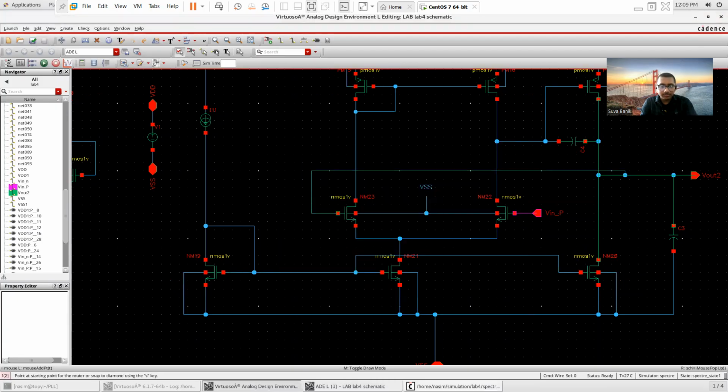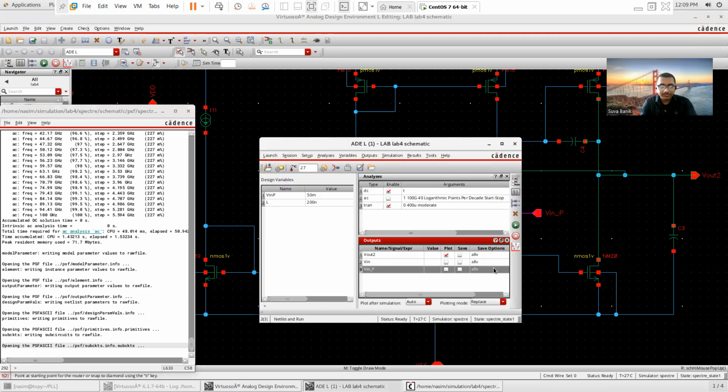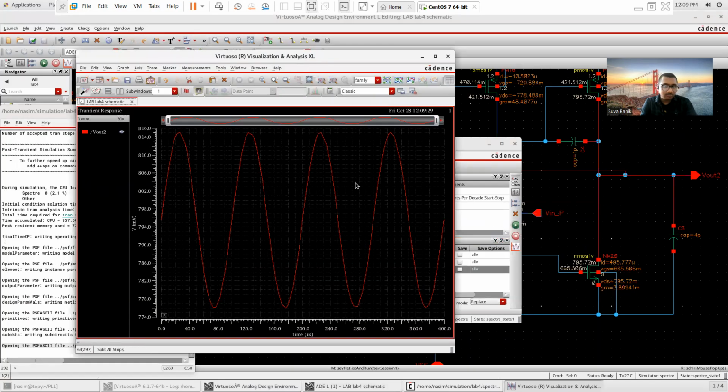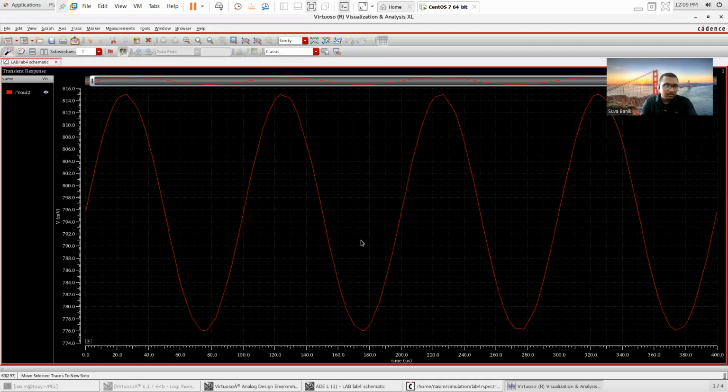Sorry, I have to save this circuit. This was the unity gain response.